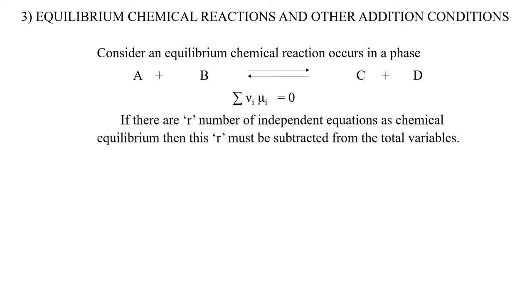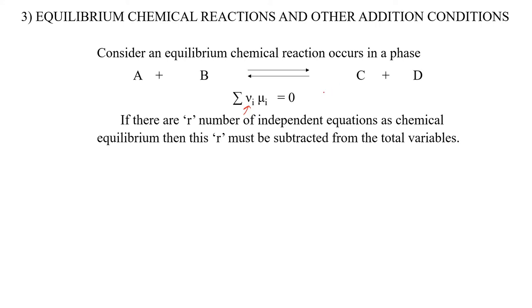Say for example, assume this equilibrium reaction, A plus B giving C plus D. If this chemical equilibrium reaction exists in a particular phase, we know very well the condition for chemical equilibrium is that the summation of the stoichiometric number of each species into the chemical potential of each species should be equal to 0.